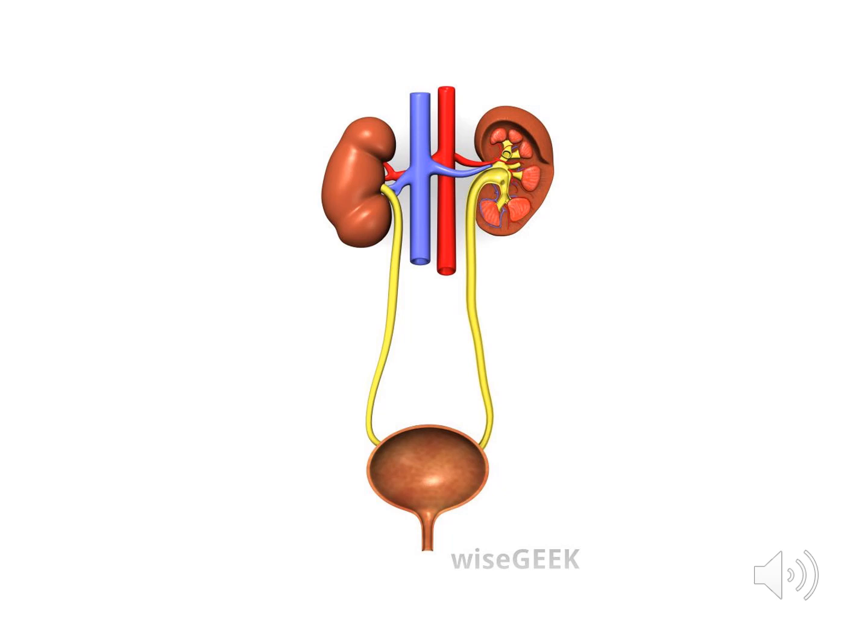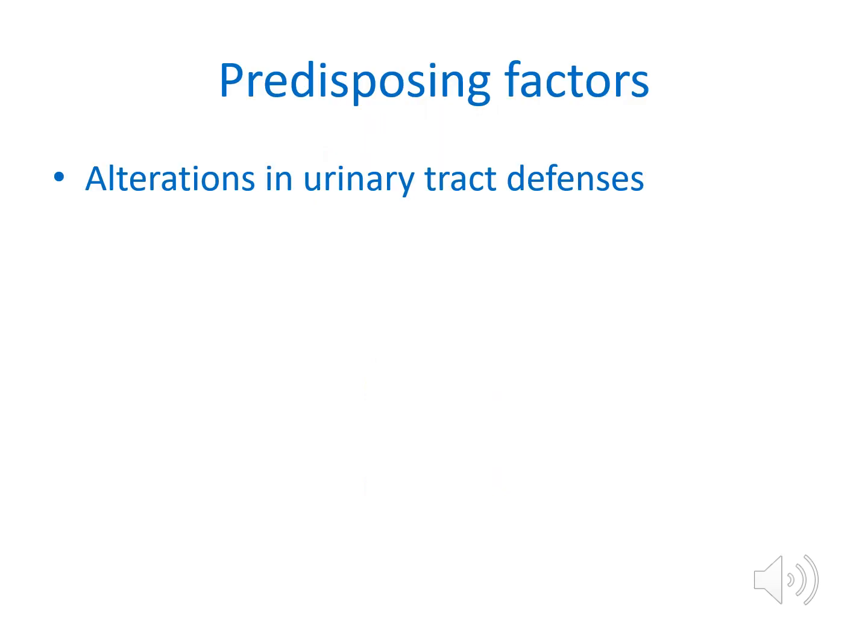So we always want to catch things early and intervene so we can prevent infections from becoming more severe and causing more serious problems. So what are the predisposing factors to UTI?